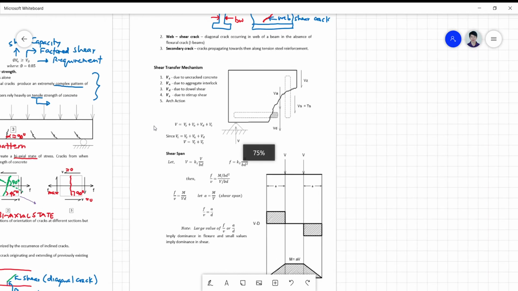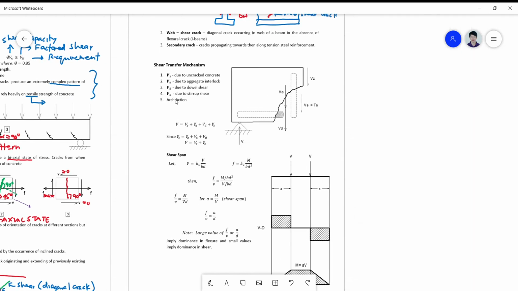Of course, the fifth here is not an ordinary beam. It does not happen on ordinary beams, but rather on deep beams. So we will consider this as a separate topic if we still have time for it. Okay, so let's focus more on these four.